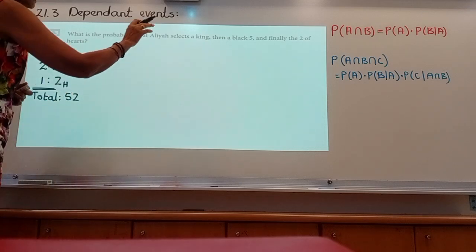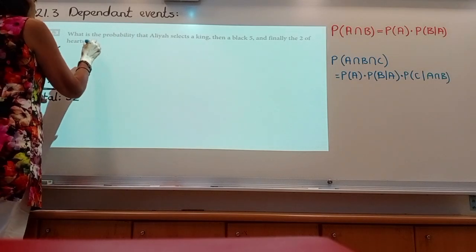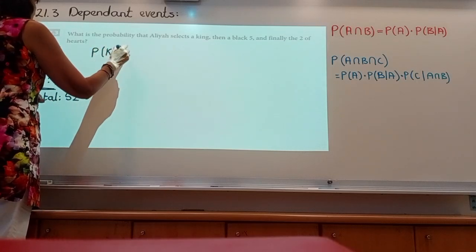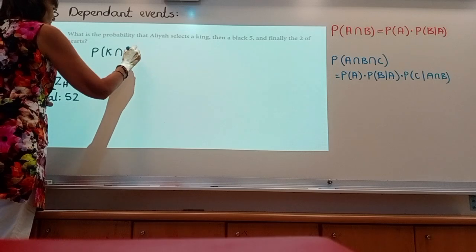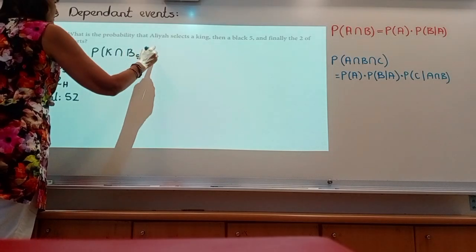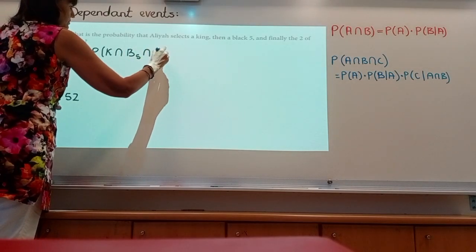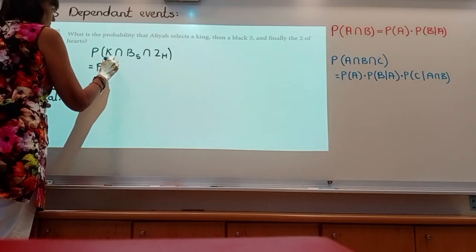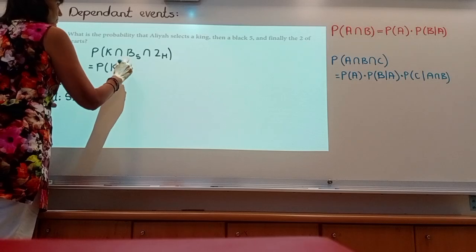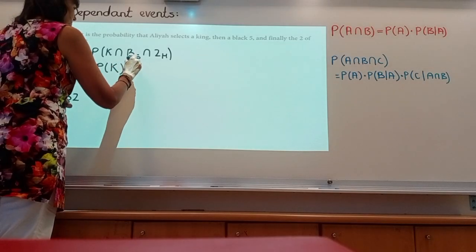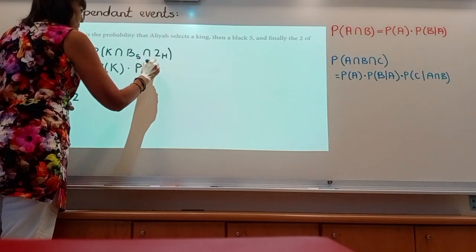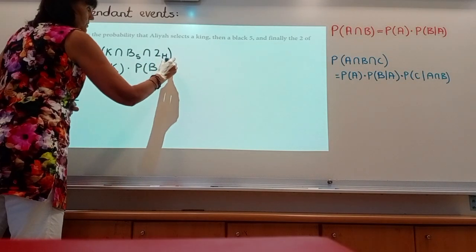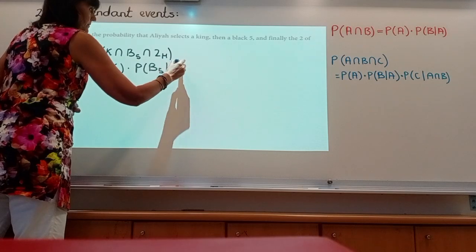Okay. Now let's use that law. The probability that I chose a king, then a black 5, and then a 2 of hearts will be the probability, first round, a king, multiplied with the probability, second one, black 5, on condition that the first round was a king.